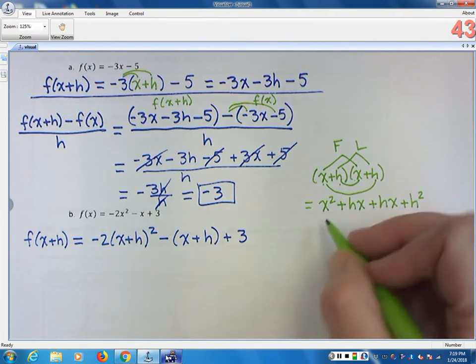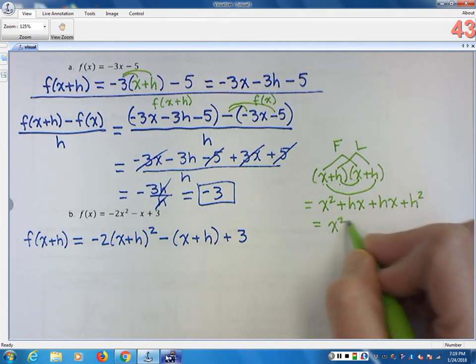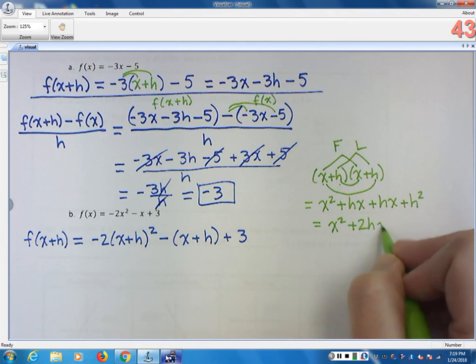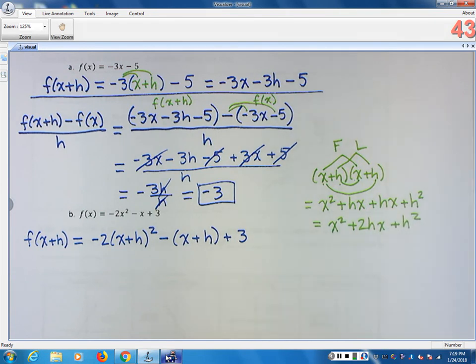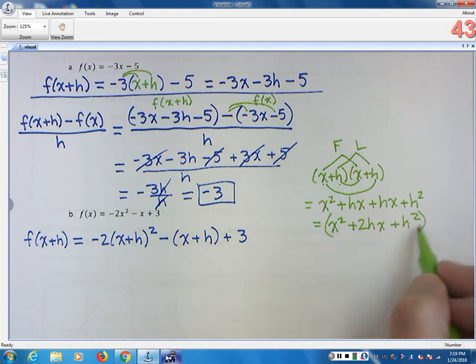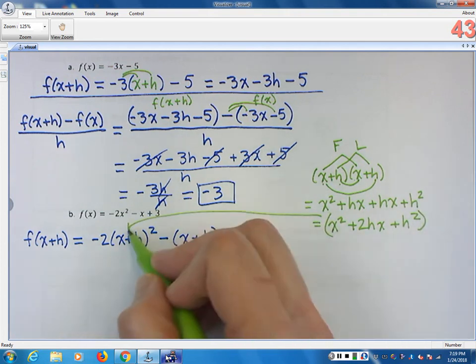So that simplifies to x squared plus 2hx plus h squared. So you can take this and put it in for that.